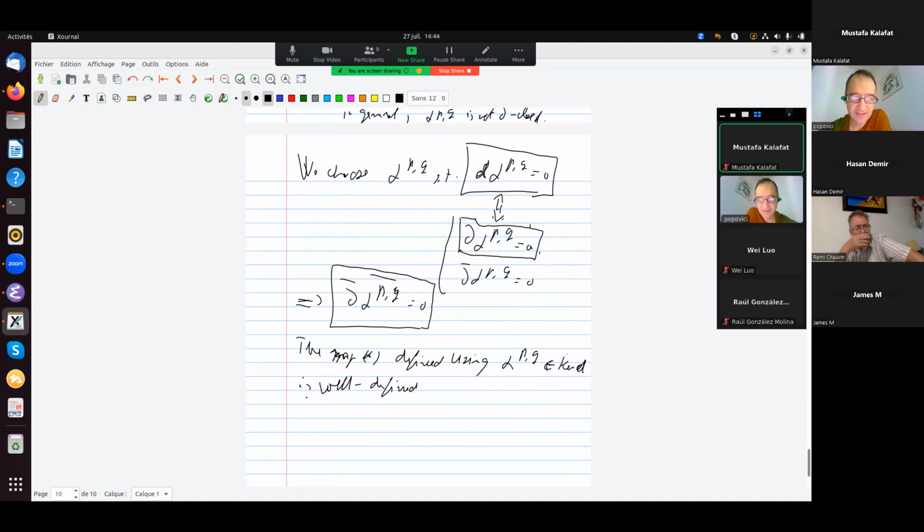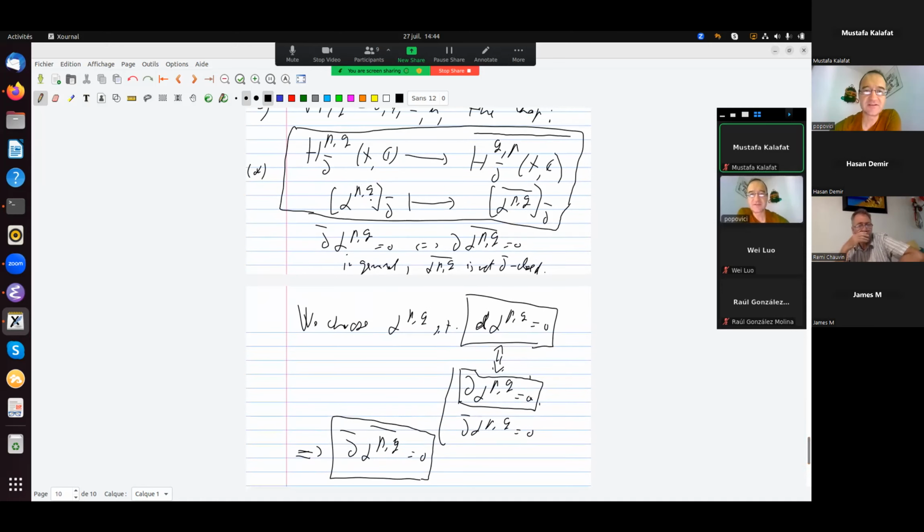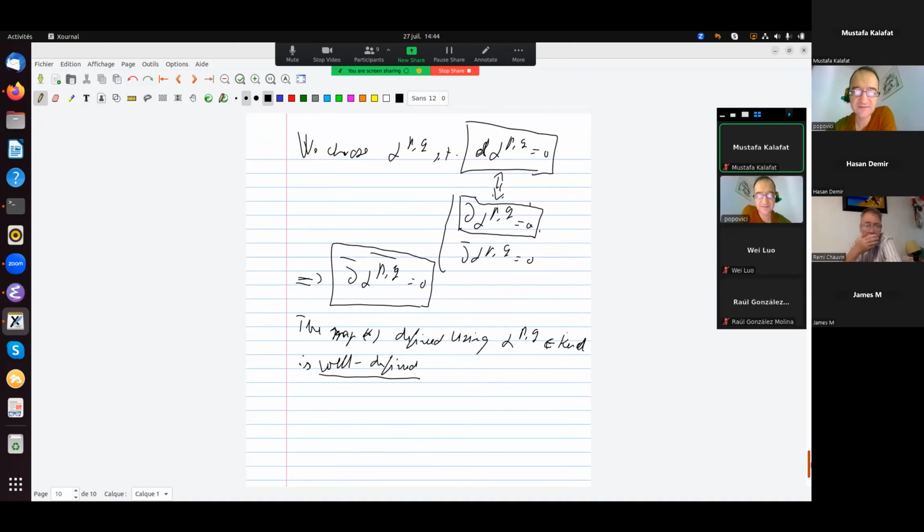Well-defined means that it is independent of the choice of representatives, because a d-closed representative exists by the first statement, but it need not be unique. So if you choose another d-closed representative of the same class, you get the same class here. So it is well defined in the sense that it is independent of the choice of representatives, and it is an isomorphism.